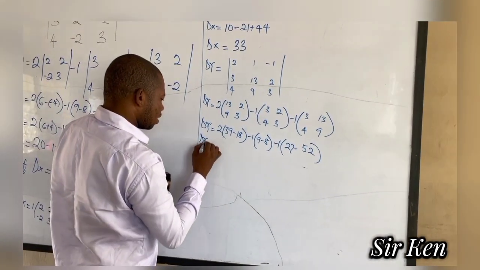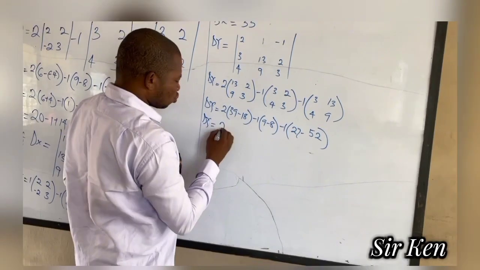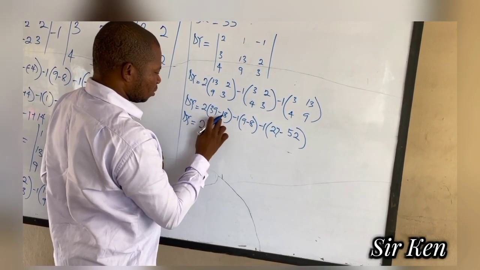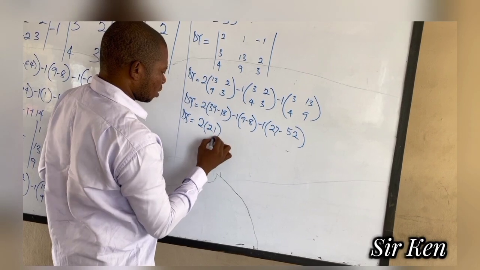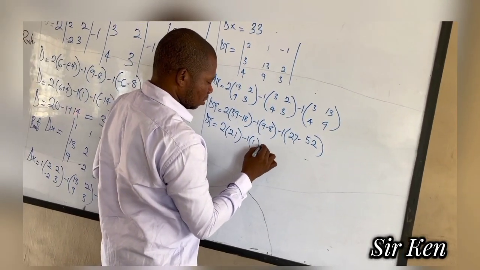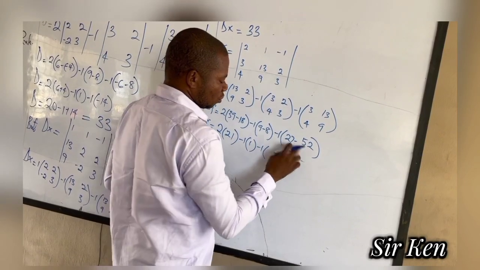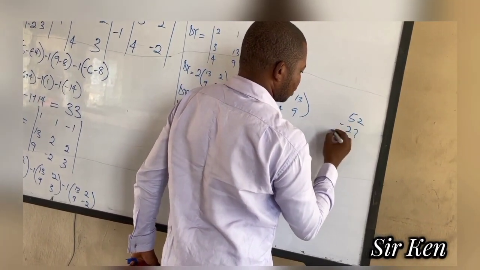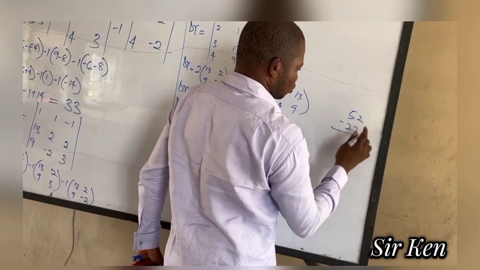So the y further becomes 2 into this minus this 1, this minus 21. Okay, now minus 1 into 1, then minus 1 into 52 minus 27 will give us what? This is 12.